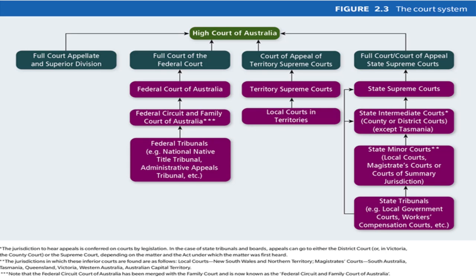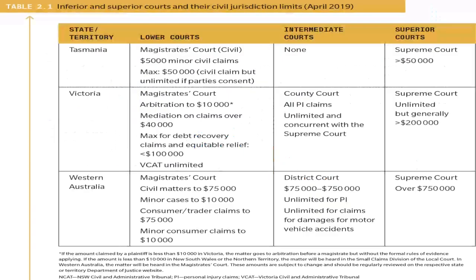Let's go back to that table once again. So this table says the Magistrate Courts of Western Australia deals with civil cases, but there is a limitation. This is the Magistrate Court where all the civil cases just start, right? It is sitting at the bottom of the court hierarchy, and it deals with civil cases where the claims are up to $75,000.